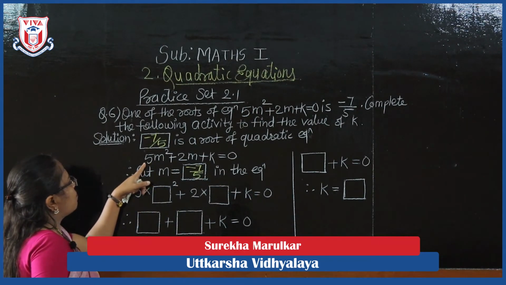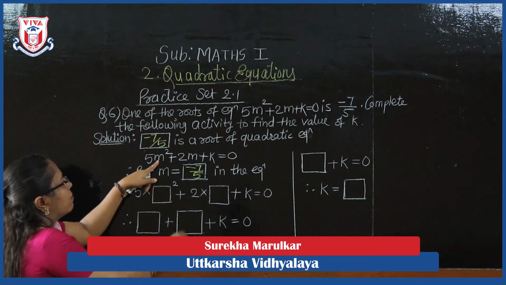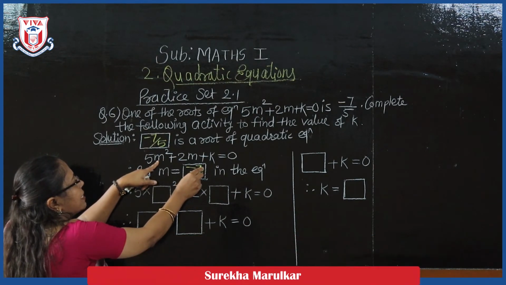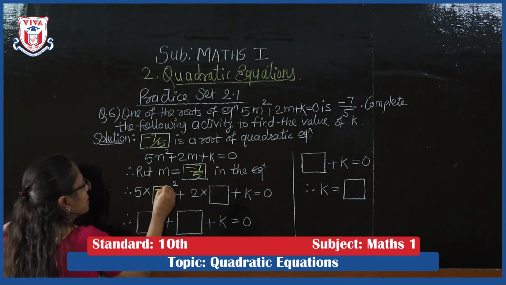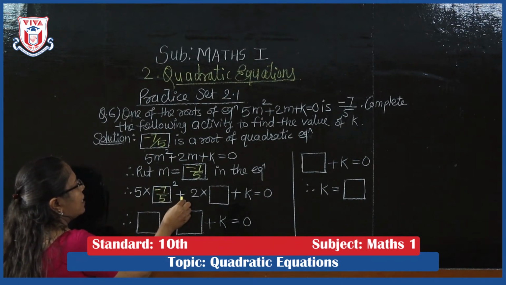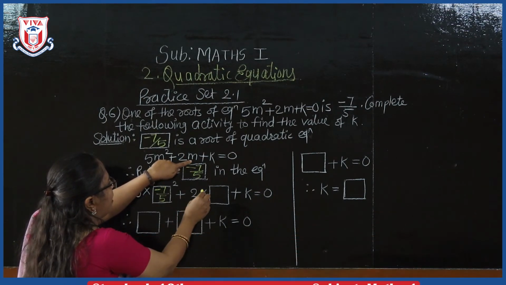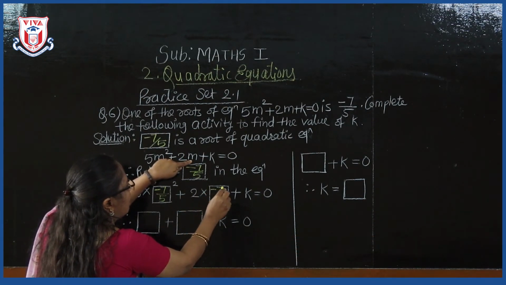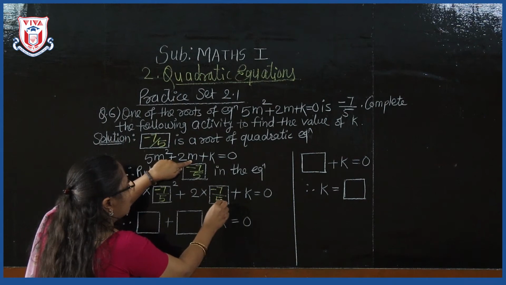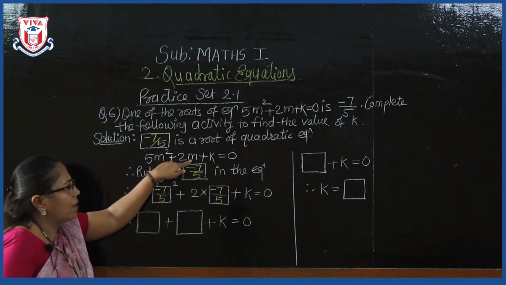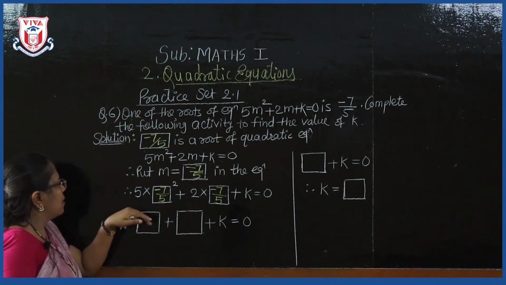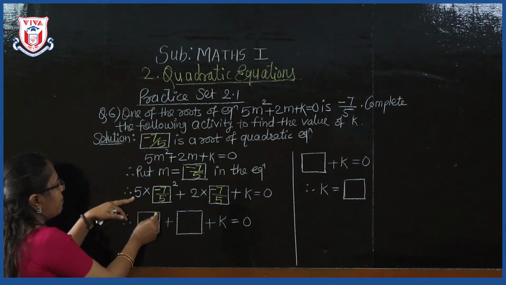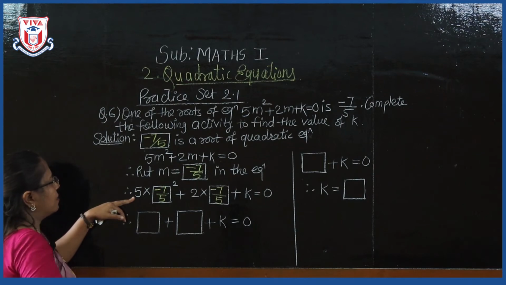So the equation is 5 into m square, where we have to put minus 7 upon 5. So here we will get 5 into (minus 7 upon 5) square plus 2m, with m equal to minus 7 upon 5, plus k equal to 0.